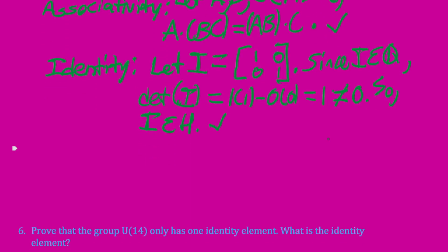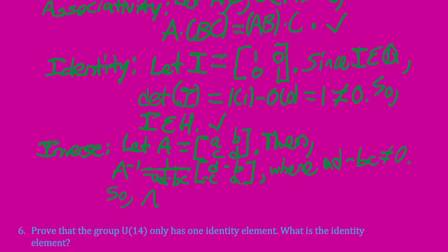Now let's check for an inverse. So let's let A be this matrix A, B, C, D. So then we have an inverse of A equal to this, which is the formula for an inverse of a matrix where the determinant is not equal to 0.